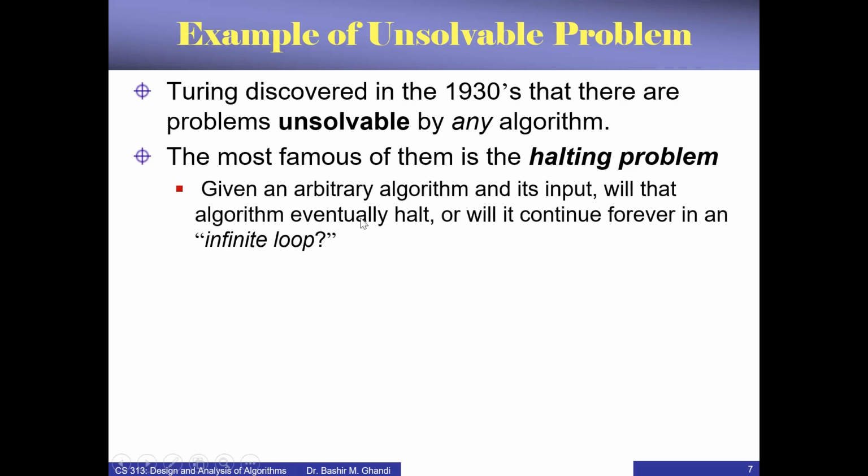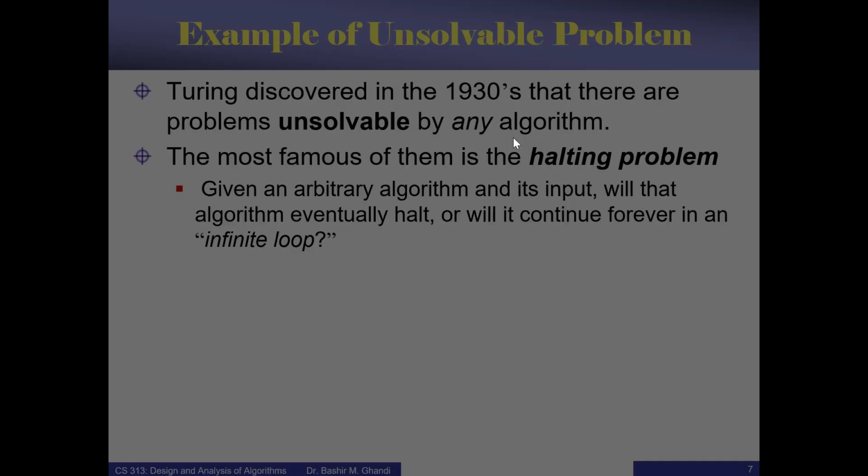It says, given an arbitrary algorithm and its input, will that algorithm eventually halt? In other words, will it terminate? Or will it continue forever in an infinite loop? Given any algorithm, can we come up with another algorithm that will tell us that this algorithm will terminate? Unfortunately, this problem cannot be solved. Okay, so this is an example of unsolvable problems.